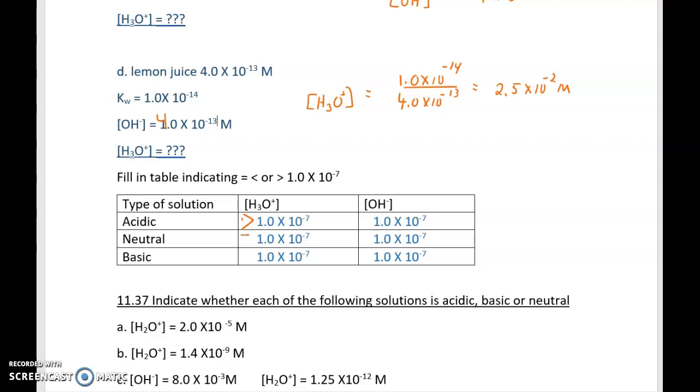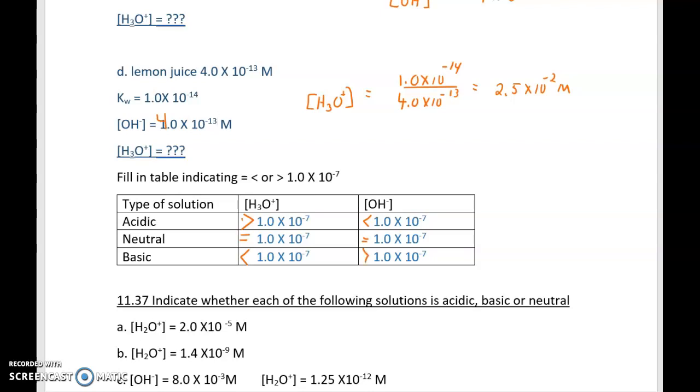If it's equal, then it's neutral, and if it's less than, it's basic. So if we look at the hydroxide concentration, if it's less than this magic number, then we consider it acidic. If it's equal to 1 times 10 to the minus 7th, it's neutral, and if it's greater than, it's basic.